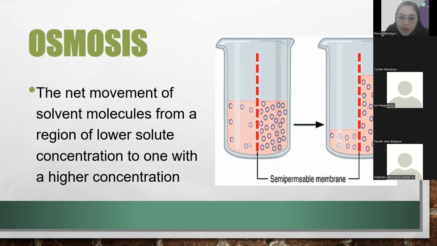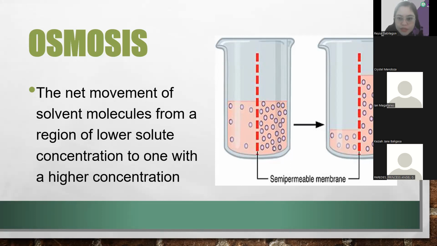So saan siya mag-move? From a region of lower concentration, just like in the illustration on the screen, you have there the original beaker, this one. On the left side, there is a division there. So the left side contains lower solute concentration compared to the right side. And osmosis is possible for this.